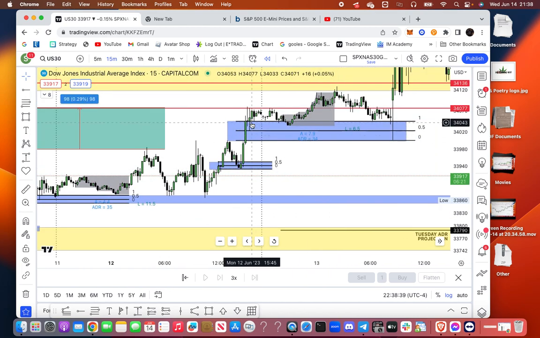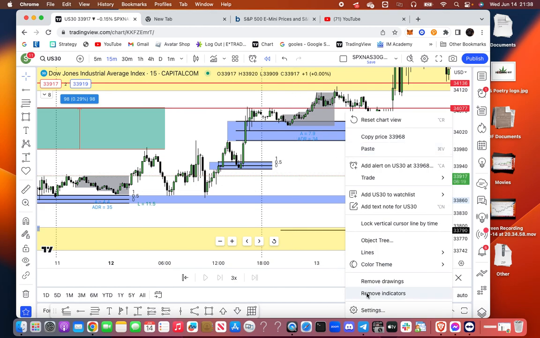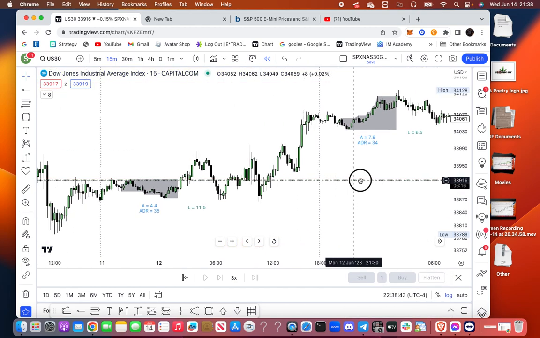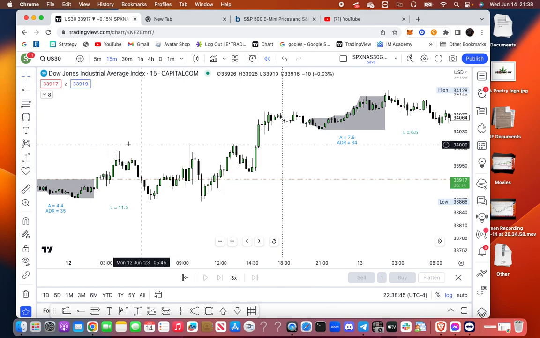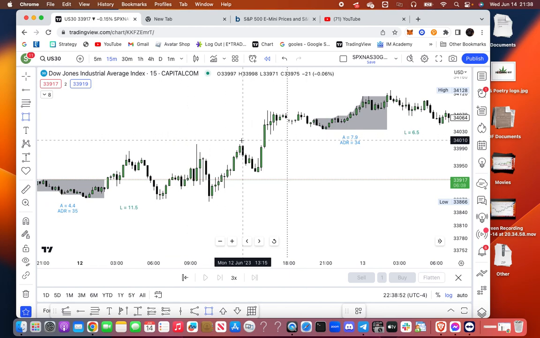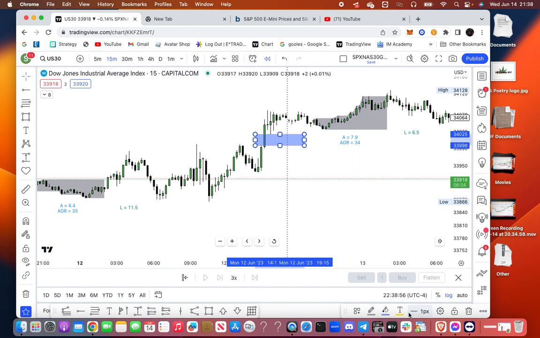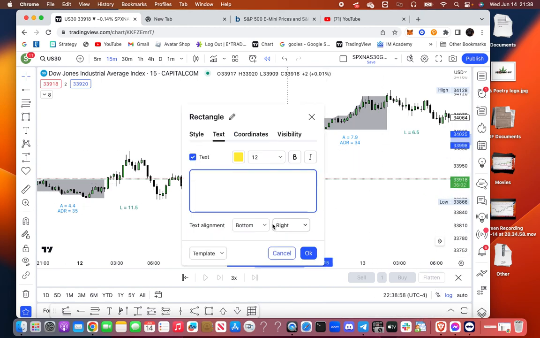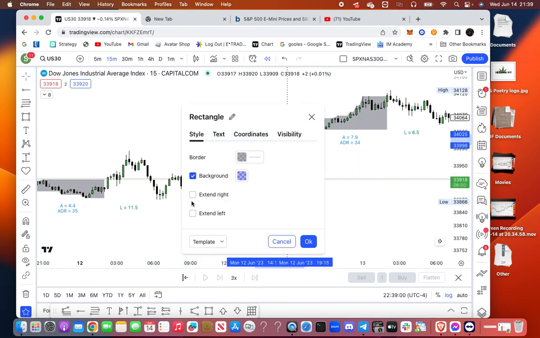You look on the lower time frame. If I remove that, look at these fair value gaps. Look at here. That's a fair value gap right there. Style, extend, right.